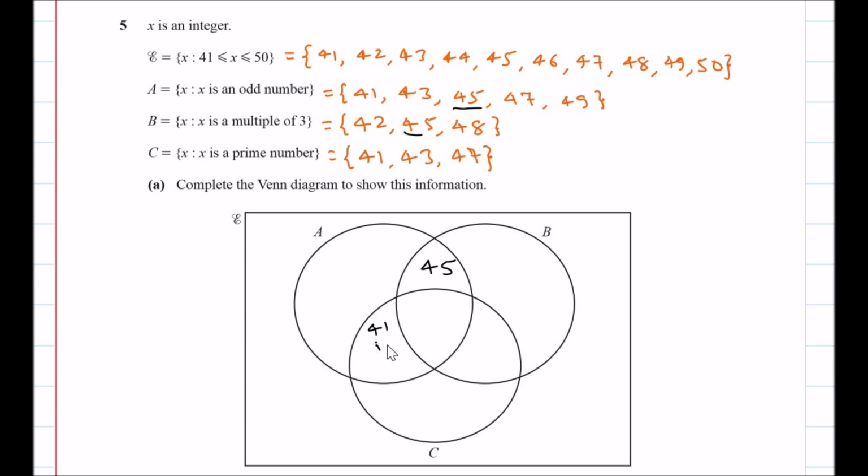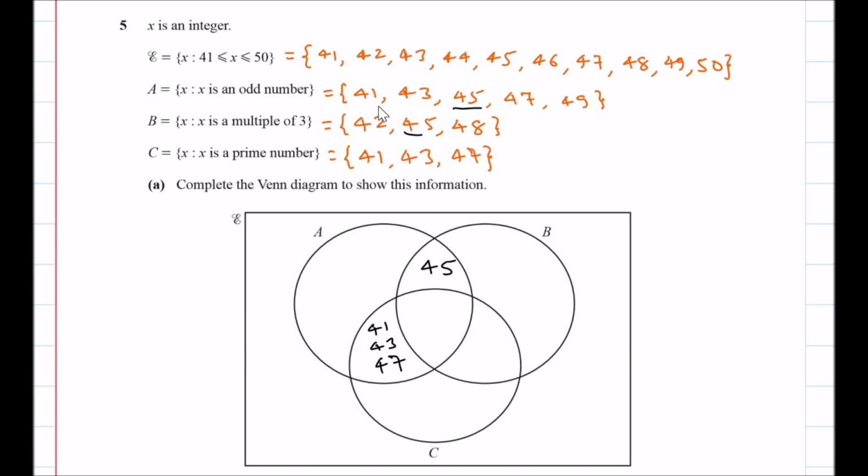So we'll write here 41, 43, 47. These 3 numbers are common in A and C. Let us check now B and C. So B and C, check anything common. 42, 45, 48, here 41, 43, 47, nothing. So we will not write anything there.